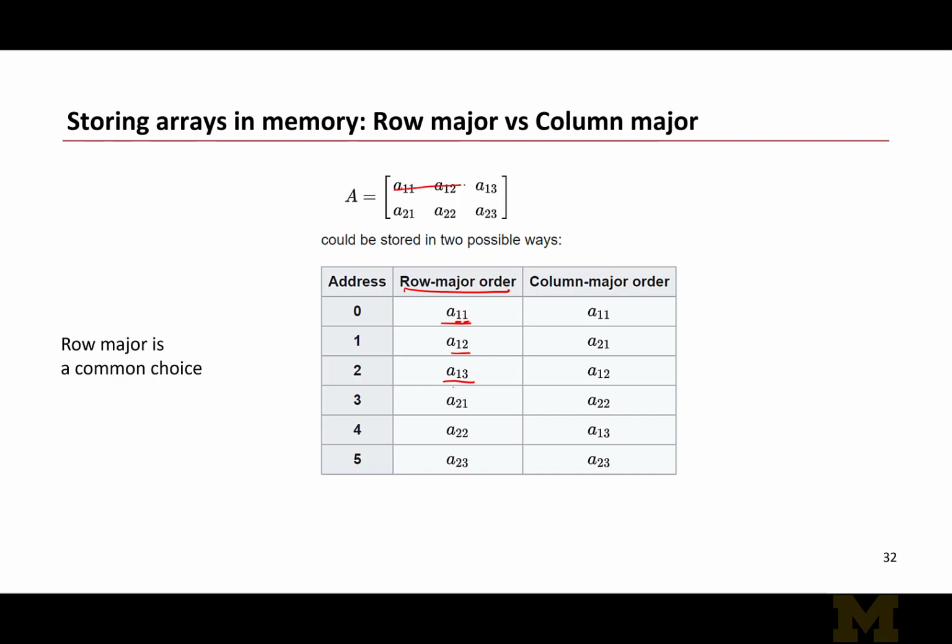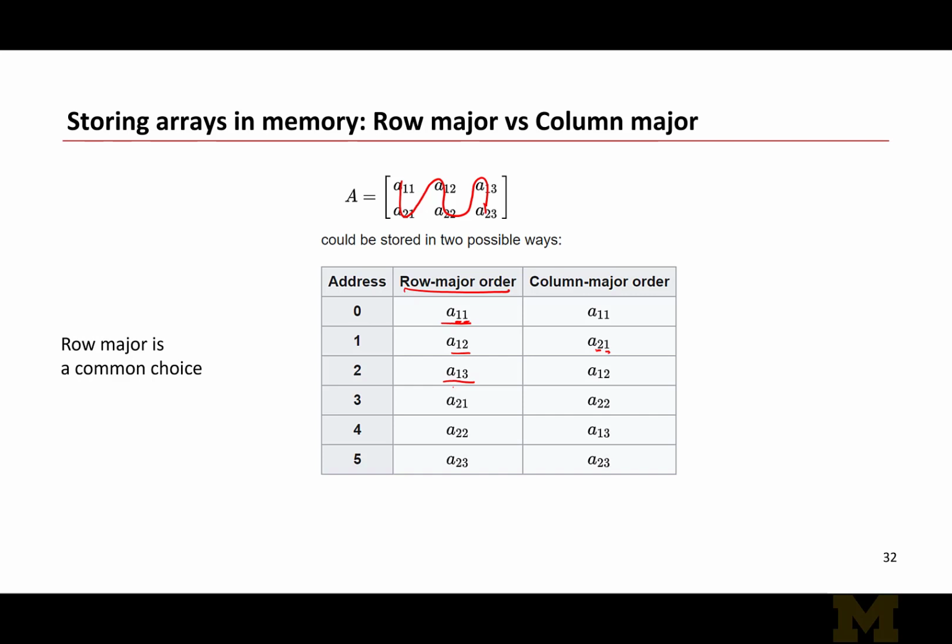So I store my elements in this fashion, and you would notice that the elements in a row are placed close to each other. In the case of a column major order, as the name indicates, you place the elements in a column next to each other. So in this example, A11 is followed by the next element in the same column 1, which is A21, and so on and so forth.